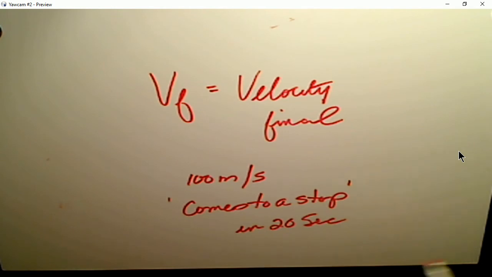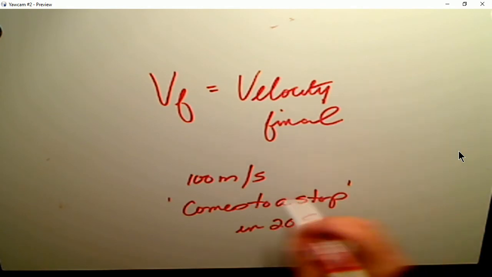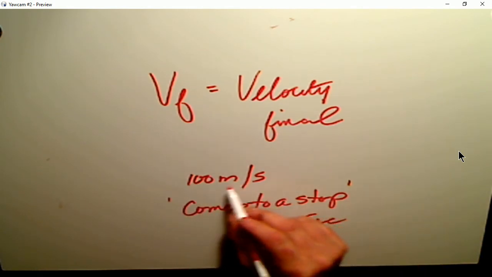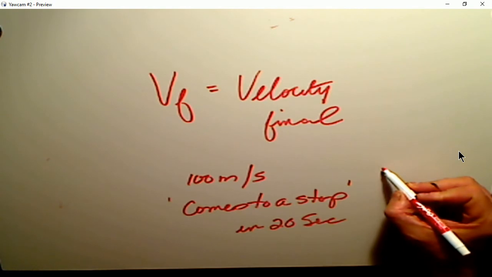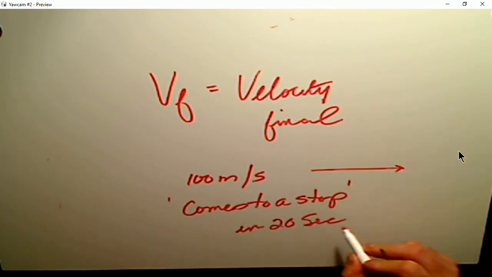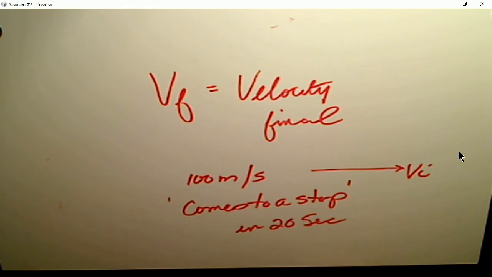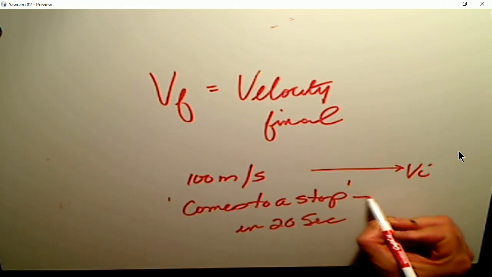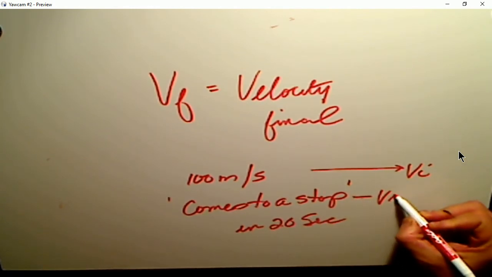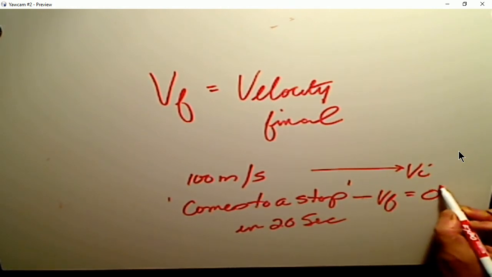We'll introduce the kinematic equations in a subsequent topic. But when I say I hit the runway at 100 meters per second, that is going to be my velocity initial. If I come to a stop, I am really saying there that my velocity final is 0.